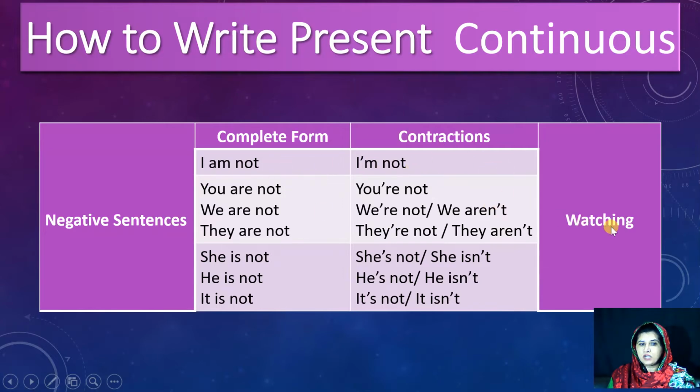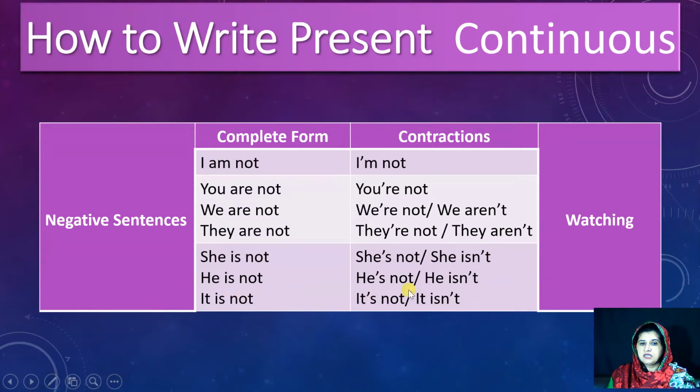I am not watching. You are not watching, or you can say you aren't watching. Next, we are not watching, or you can say we aren't watching. She's not watching, or she isn't watching.